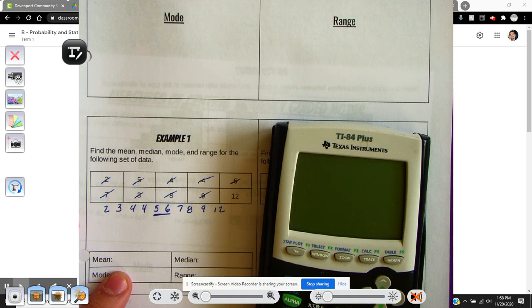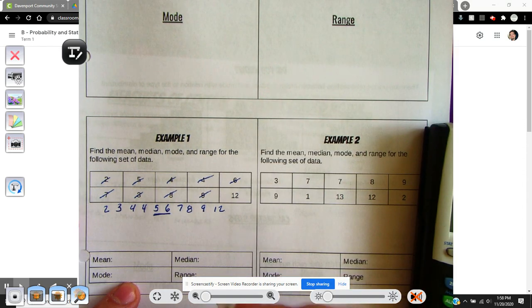I would also recommend pinning that to your bar. So then we can do 5 plus 6, divide 2. So I know my median is 5.5.